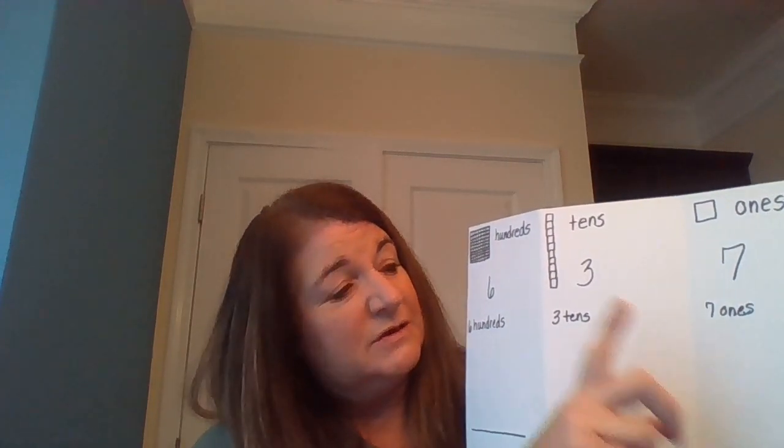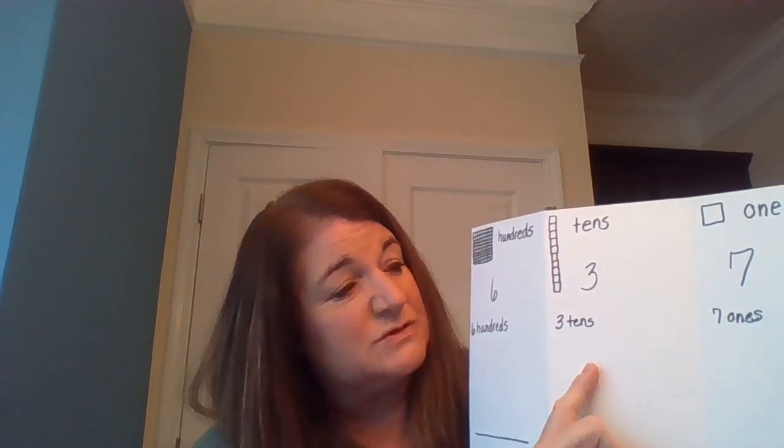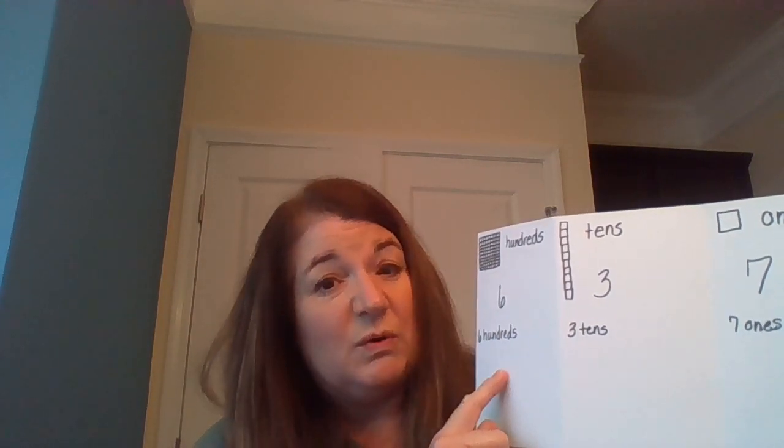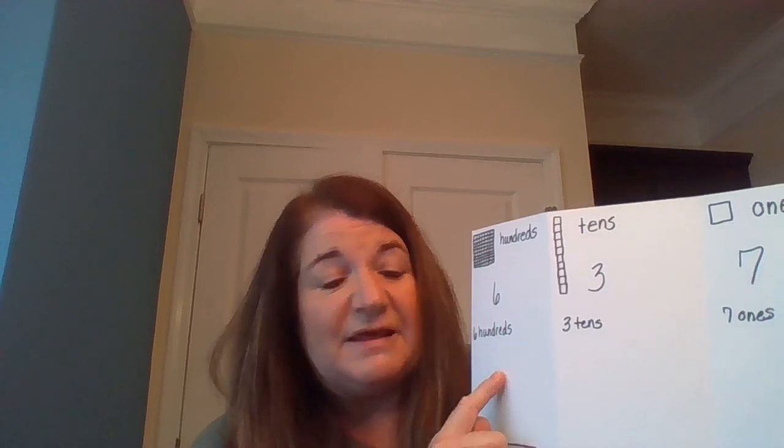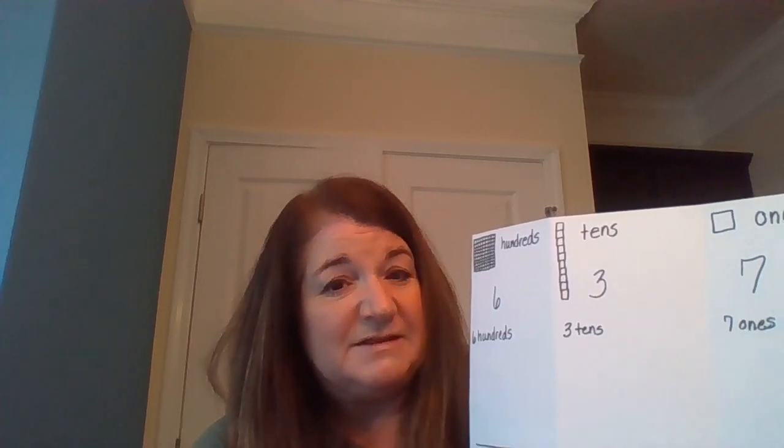So in this number, which we would read as 637, we think about each place value. So 7 ones, we still have 3 tens or 30, and we have 6 hundreds or 600. That's going to be important in the game that we play today.